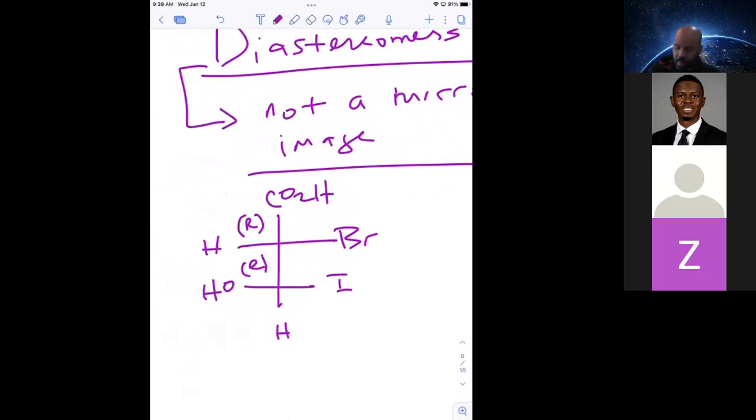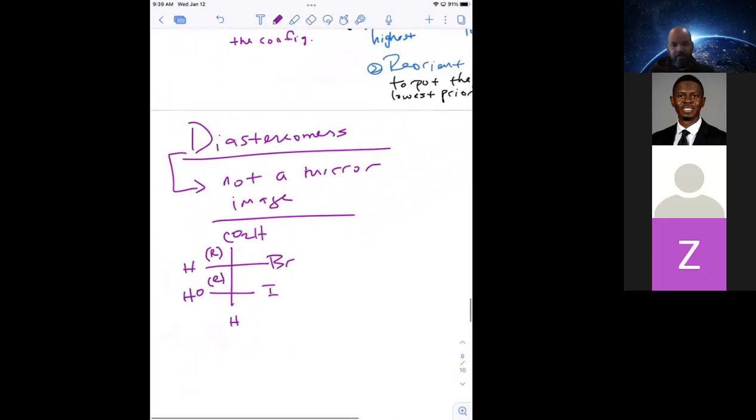What does the mirror image look like? Bromine and iodine are on the left side, because it's looking at itself in the mirror. H, OH, CO2H, and then H here. Now what is the configuration of the stereocenters in the mirror image?